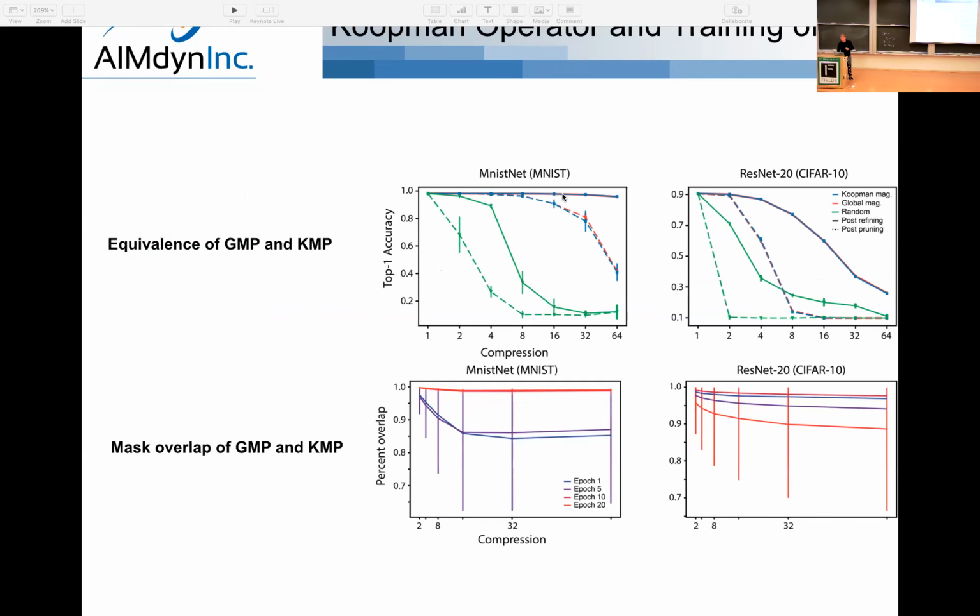And what you're seeing here on top is that, for example, the magnitude type pruning in neural networks is precisely, at least that's what the numerics say, the Koopman mode, average mode. Remember that average mode, the time average. It's pruning based on that.